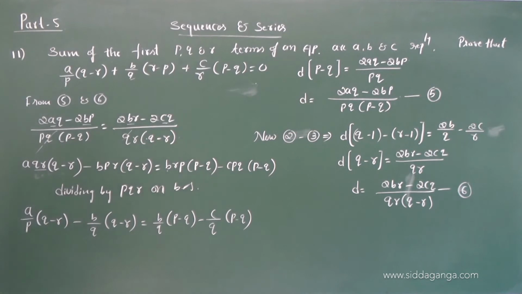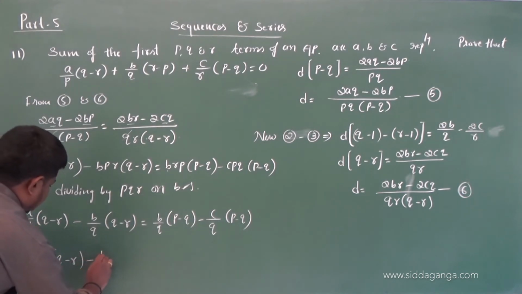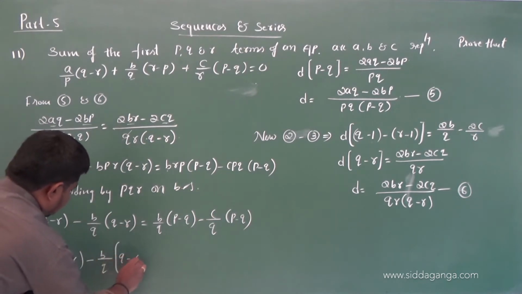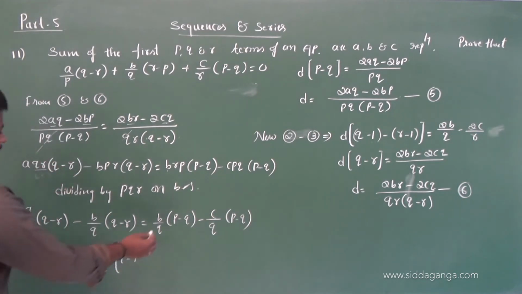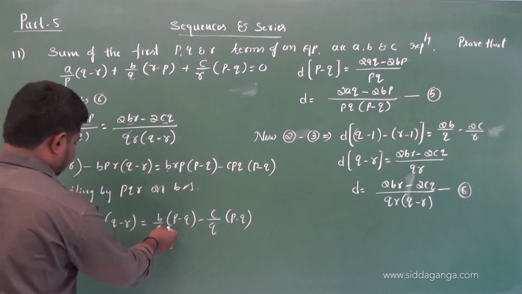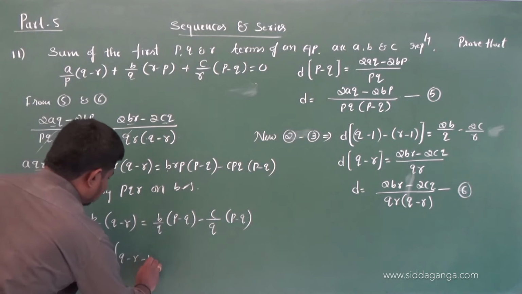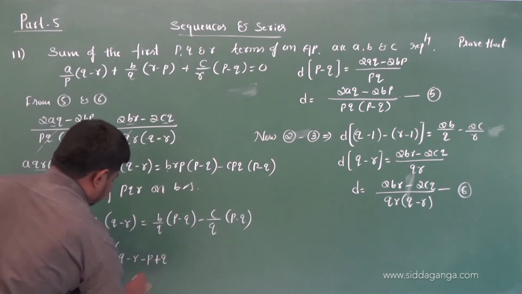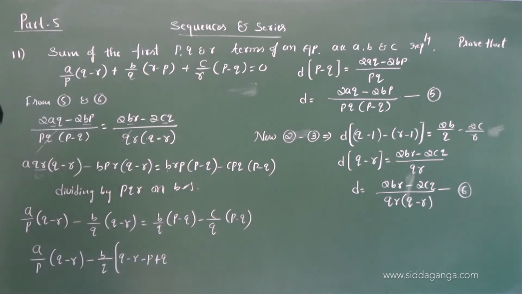Okay, so now A by P into Q minus R minus B by Q into Q minus R, and here also we have B by Q. Let me take it to the left side.